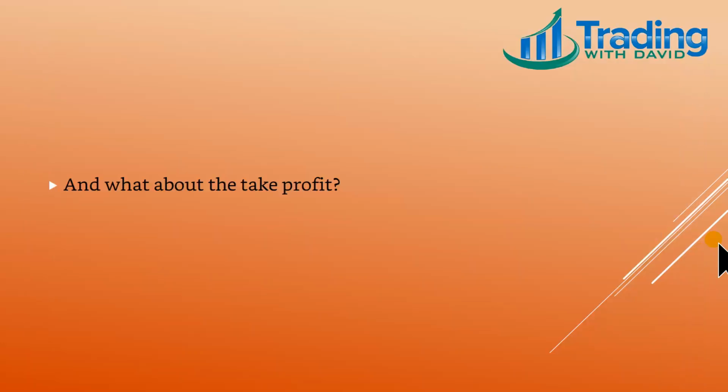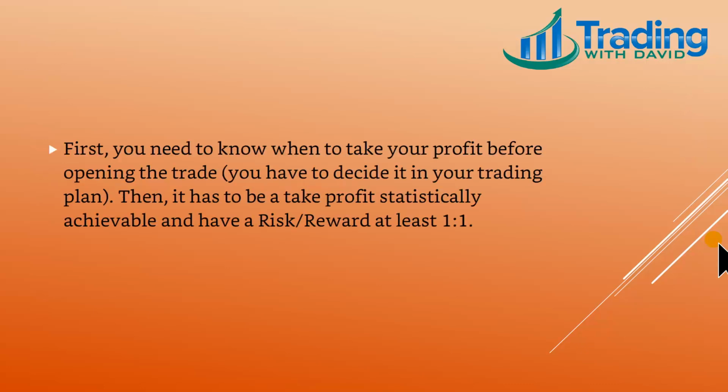And what about the take profit? First, you need to know when to take your profit before opening the trade. You have to decide it in your trading plan. Then, it has to be a take profit that is statistically achievable and has a risk-reward of at least 1-to-1.